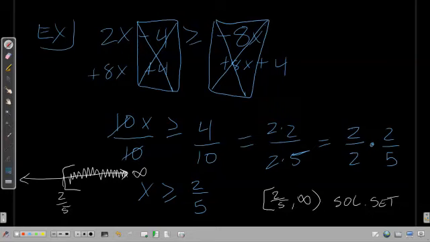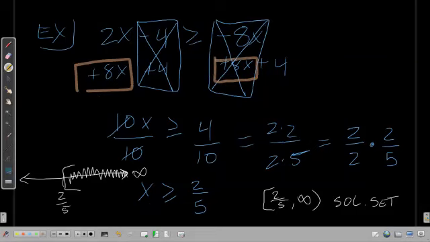Now that wasn't the only way to attack this problem. The distinguishing feature of what I did here was I added the 8x on both sides.